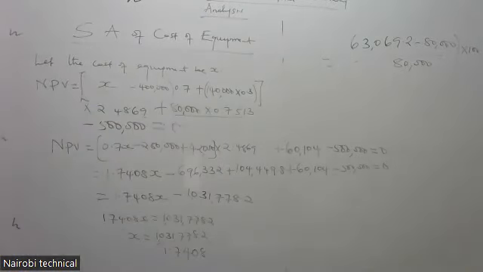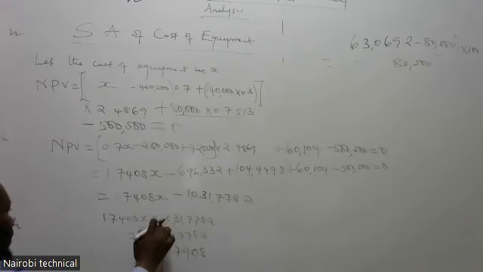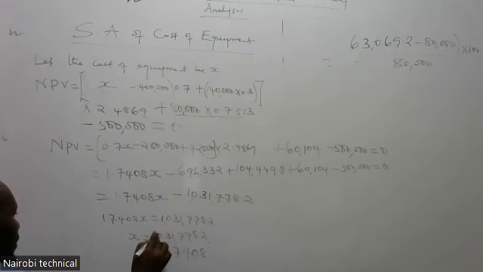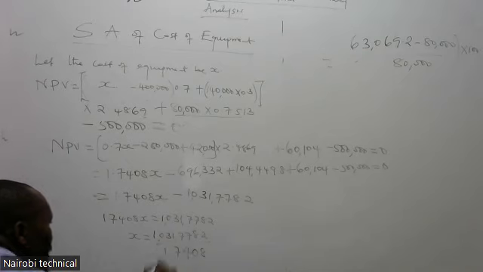Okay, up to there. This is one. That is 1. Is also 1. So it is 1 million divided by 1.7.